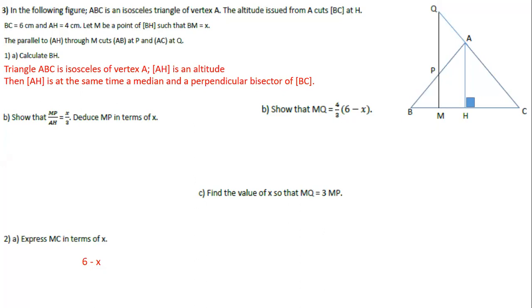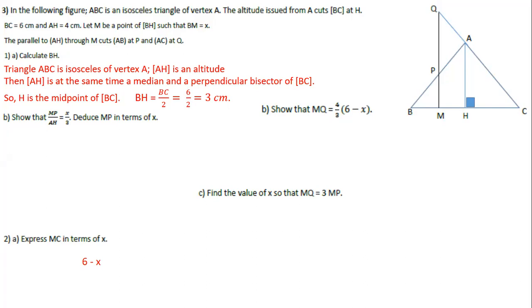Then H will be the midpoint of segment BC. If it is the midpoint, BH will be equal to BC over 2. We are given the measure of BC, it is 6. So BH will be equal to 3 centimeters.